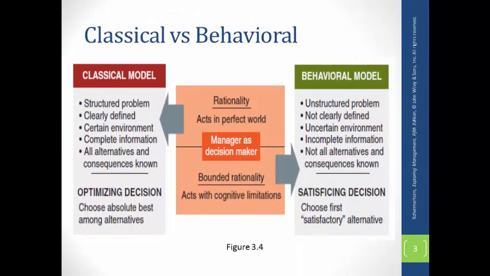Classical versus behavioral. The classical model, you tend to see that structured, clearly defined problem. And in that behavioral model, you see a more unstructured problem. It's not clearly defined, it's more uncertain.